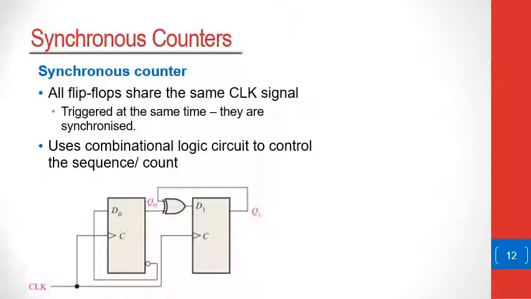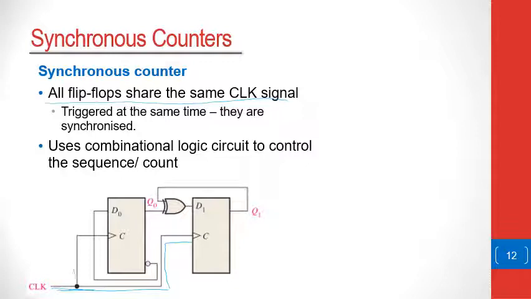So another example, an alternative design of counters, is what's called synchronous counters. In synchronous counters, the distinguishing characteristic is that all flip-flops share the same clock signal. In this case, you will see that the clock signal goes to flip-flop number 2.